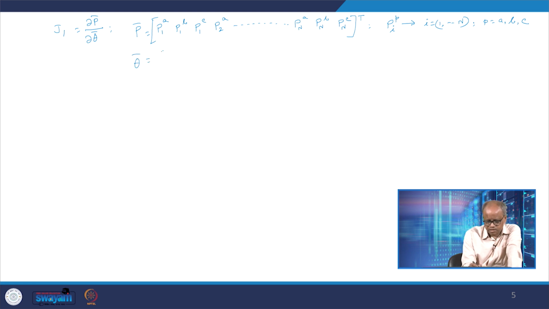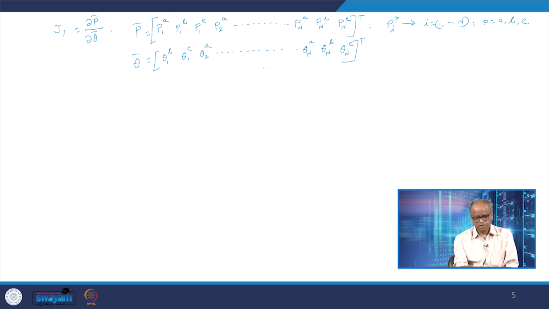Theta vector is essentially theta 1b, theta 1c, then theta 2a, and then dot dot dot, theta NA, theta NB, theta NC, transpose.